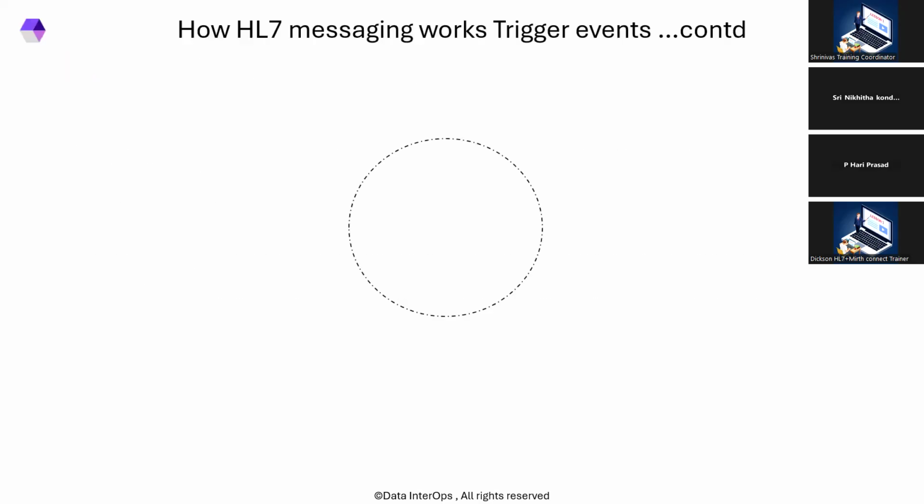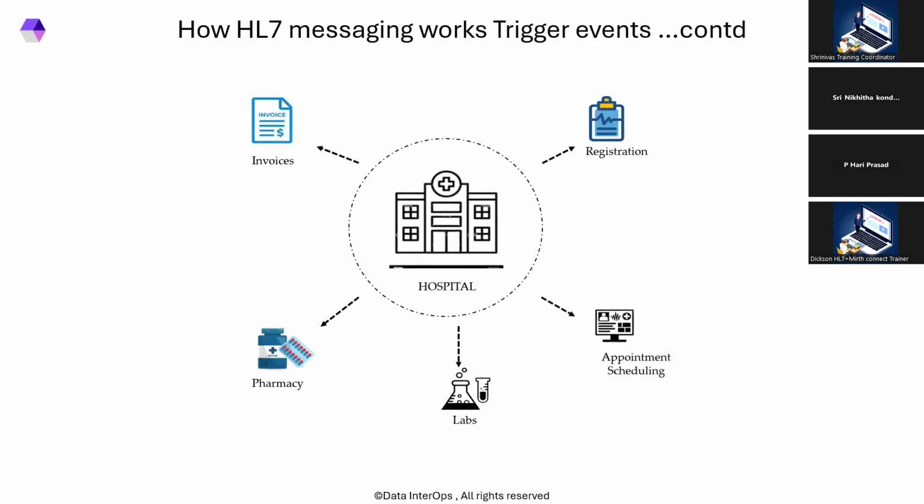Next, we can see that within the hospital there are many different categories of work that will be executed. Registration is one category, appointment scheduling is one category, labs, pharmacy, invoices. These are different verticals present within the hospital workflow, and each one of these will have their own events.